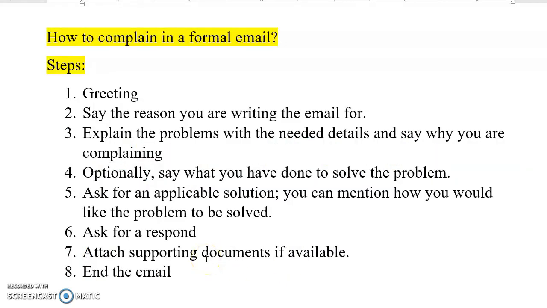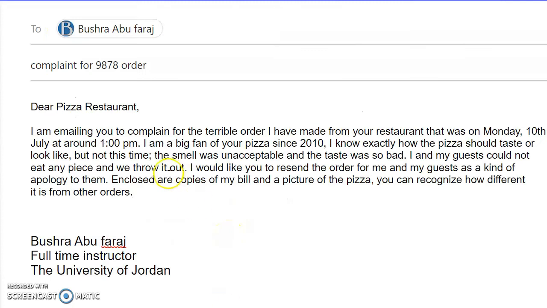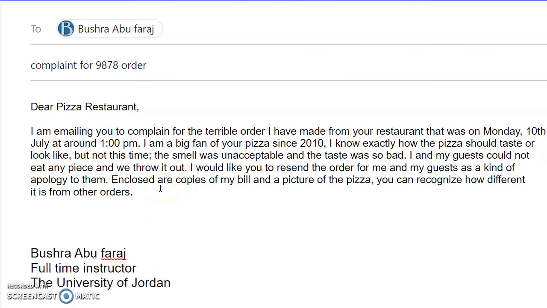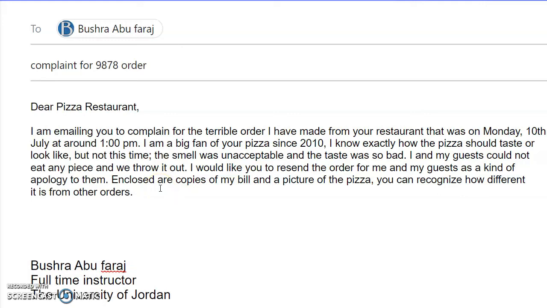So I've asked for a response, and I've said that there are some attachments regarding the problem itself, and then I have to look for their reply. So it's good to end the email by something like this. We have to leave a space.